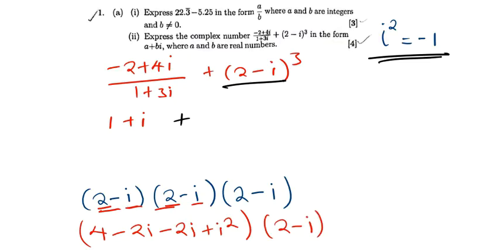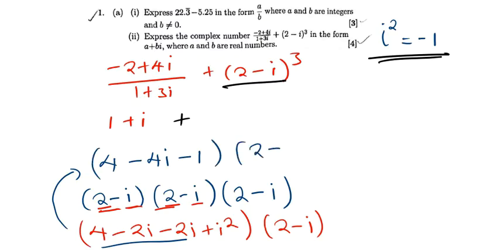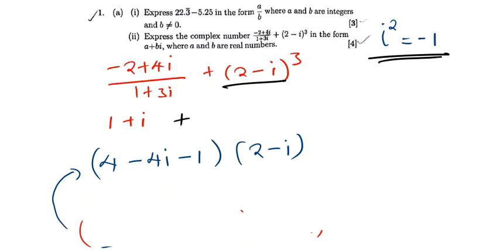Before you proceed and multiply, it's always recommended you simplify. So this is going to give us something like 4 minus 4i. i squared, I did explain, is equal to negative 1. So that's what you have. And then you have 2 minus i. Don't mind the way I'm writing because you don't have enough space at the bottom. So at this point, 4 minus 1 is 3.